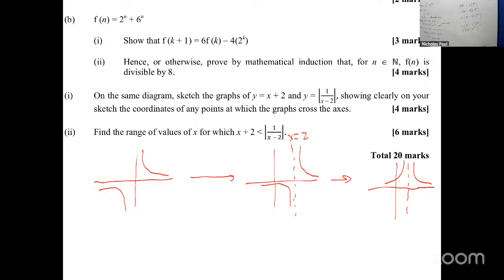Right, but they also want what? Sketch y is equal to x plus 2. It's supposed to be done on graph paper, but we don't have that. What does x plus 2 look like? Anybody can help them? x plus 2 is a what?